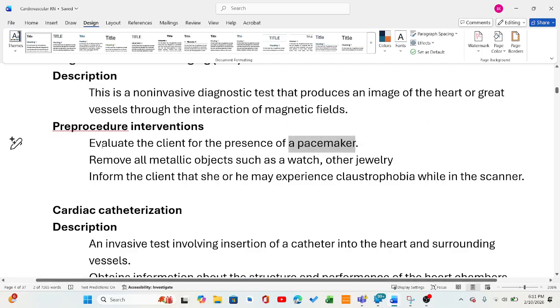Now, the difference between MRI and CT is that with CT, the images are captured by X-ray. X-ray in different dimensions, that is more of the CT. But one thing you need to know is that when a patient is going, you assess for claustrophobia.